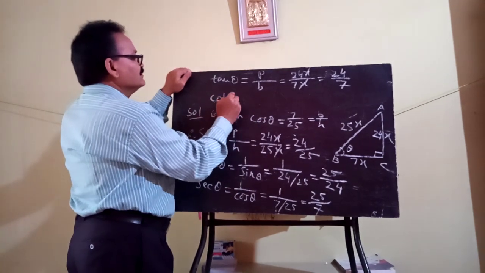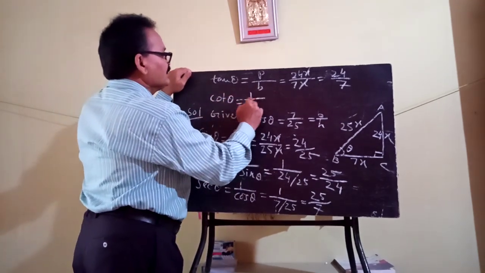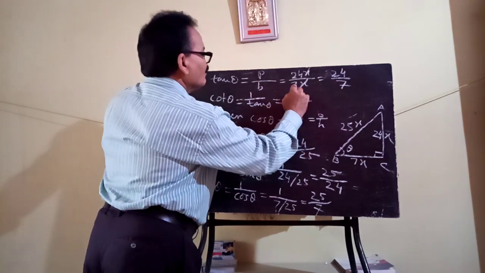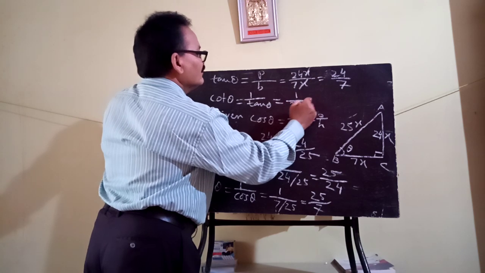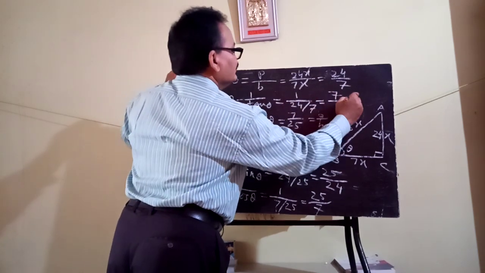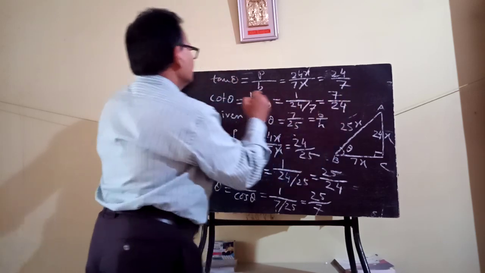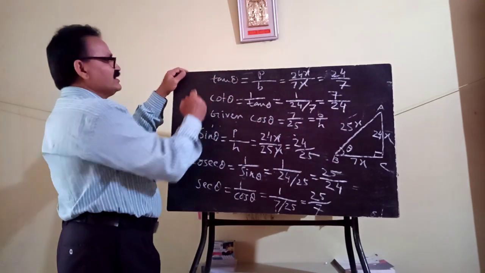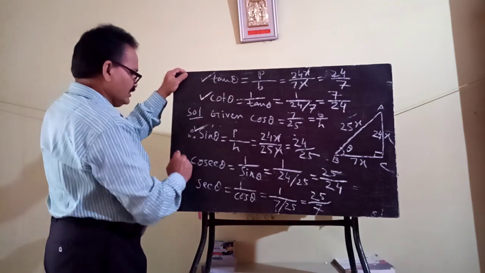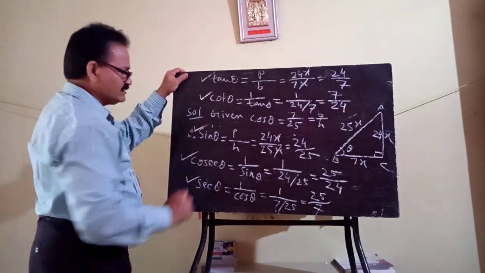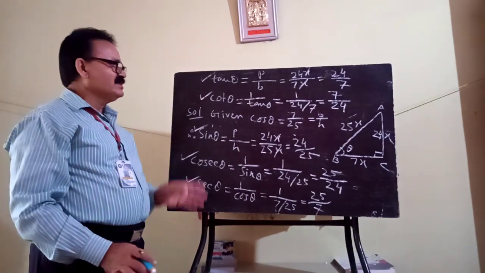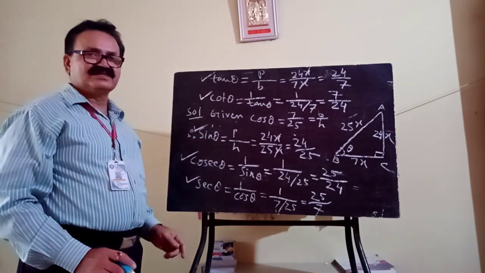Now cot theta. Cot theta means reciprocal of tan theta. So this is your 1 by 24 by 7, which will be equal to 7 by 24. So all these trigonometrical ratios, tan theta, cot theta, sin theta, cosec theta, sec theta, these are the 5 you have already determined with the given value of cos theta.